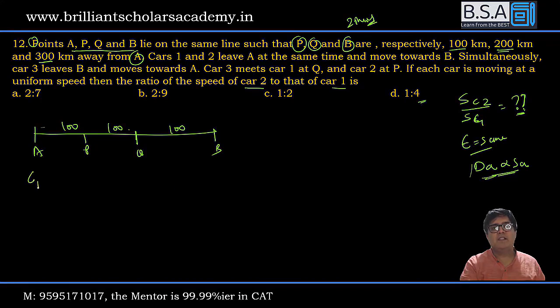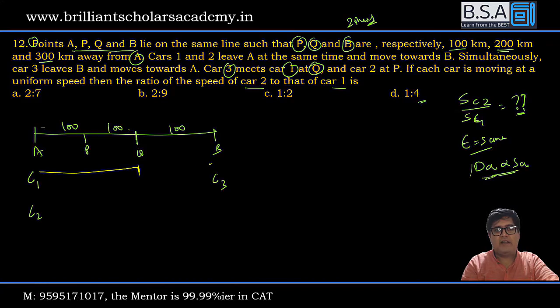How is the journey going on? Cars 1 and 2 start from A. At the same moment, car 3 starts from the opposite side. Car 3 meets car 1 at Q. Car 1 has come here, car 3 has come here, and they have just met.